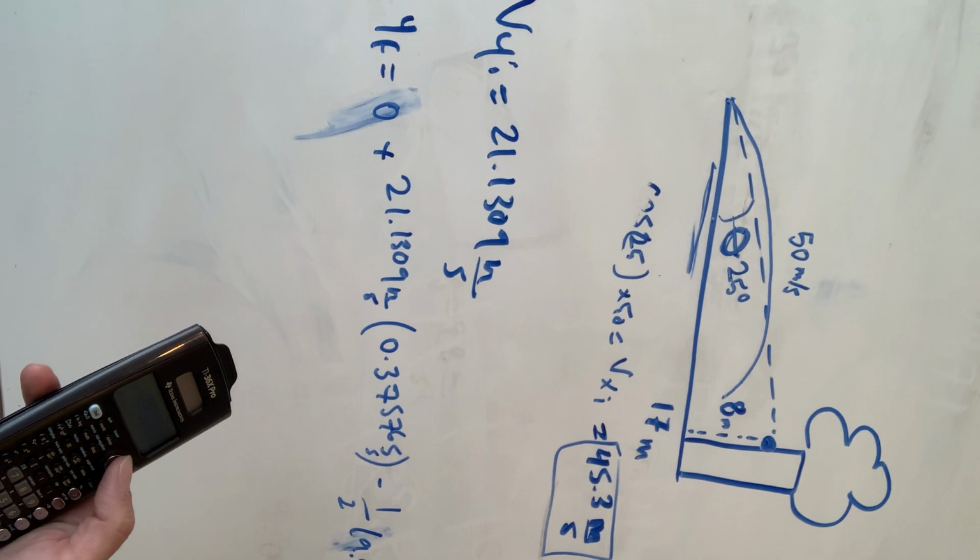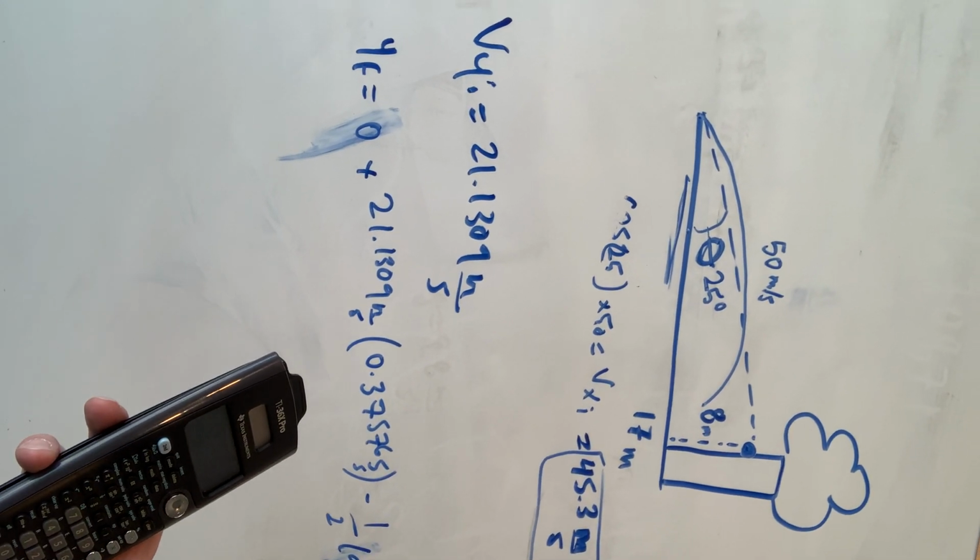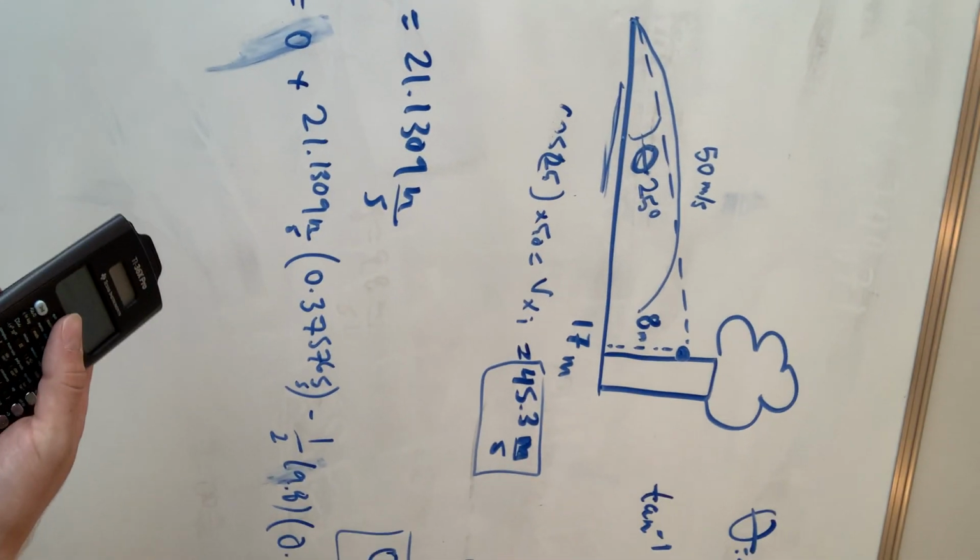We're going to subtract that from this. So y final is actually going to be equal to 7.24. Well, no, I'm not going to round. Sorry, it's hard to hold both of these. 7.24837 meters.